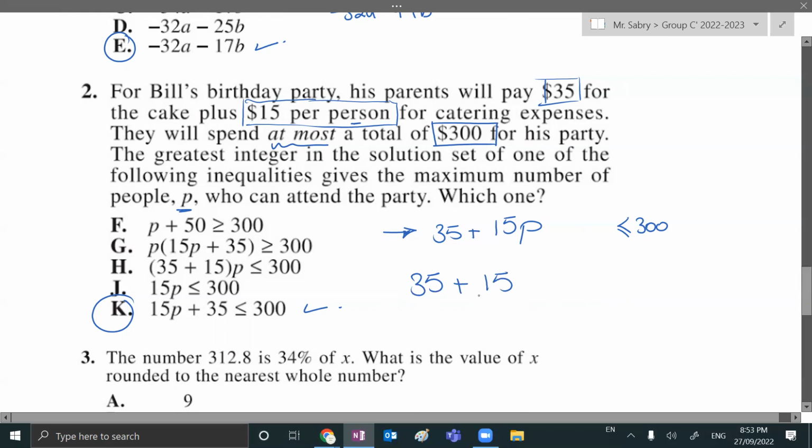So I just have to multiply the 15 by the number of that thing. Since I don't know the number of people, I'll give it a letter, and they said it's the letter P. Also they said it's at most 300, so I made it less than or equal to 300, and that's how I got the answer. Are we clear on this one or not?